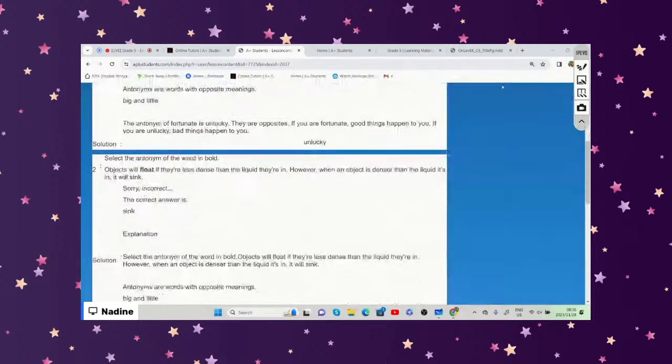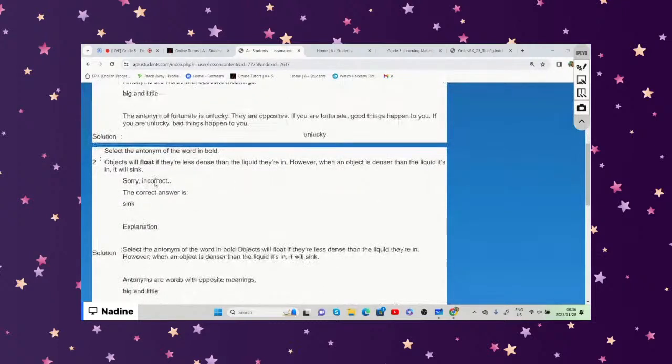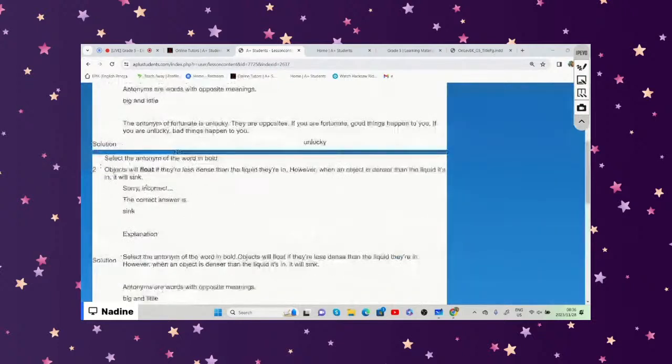All right, now we need to find the word that is opposite of float. Objects will float if they are less dense than the liquid they are in. So for float, we need to find the word that is the opposite of float.